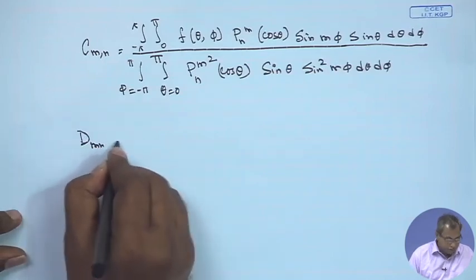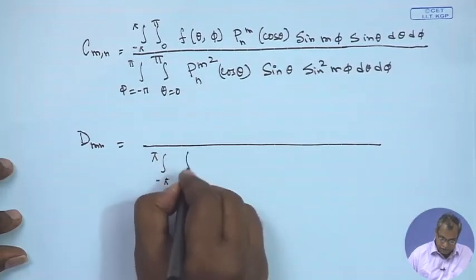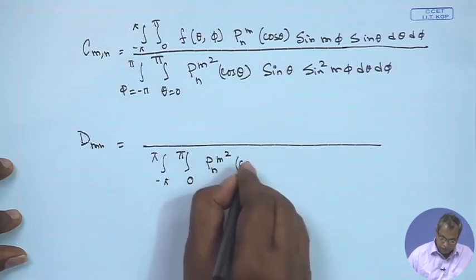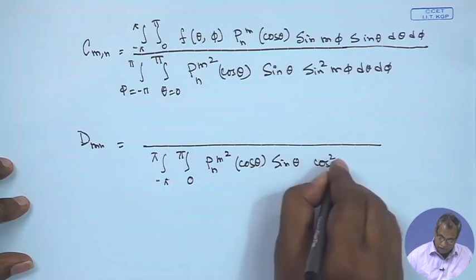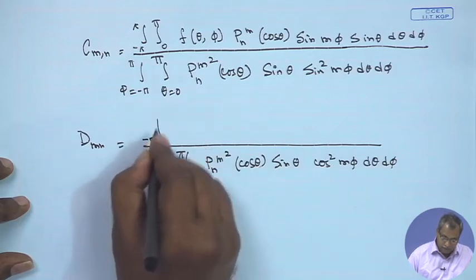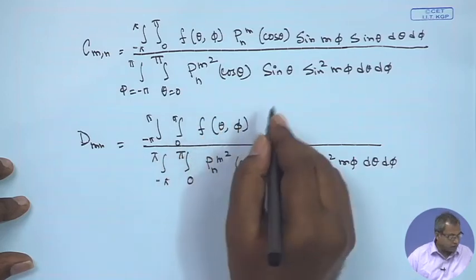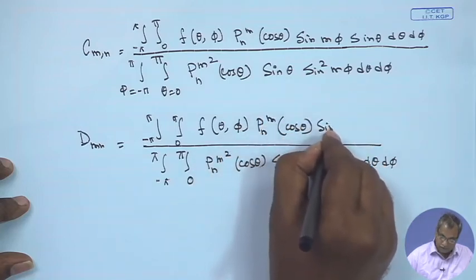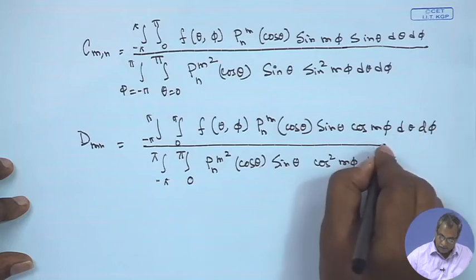And your d m n becomes minus pi to plus pi, 0 to pi, P n m square of cos theta sin theta cos square m phi d theta d phi, and here it will be minus pi to plus pi, 0 to pi, f of theta phi P n m cos theta sin theta cosine m phi d theta d phi.